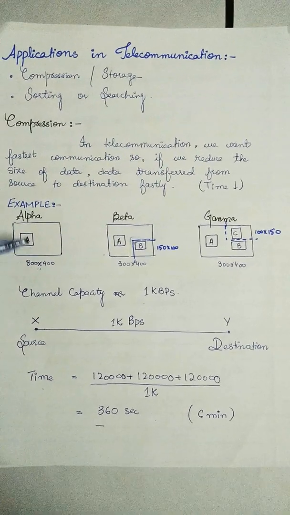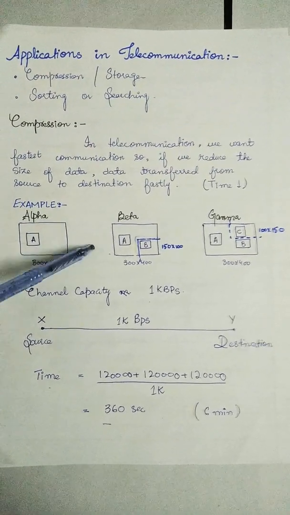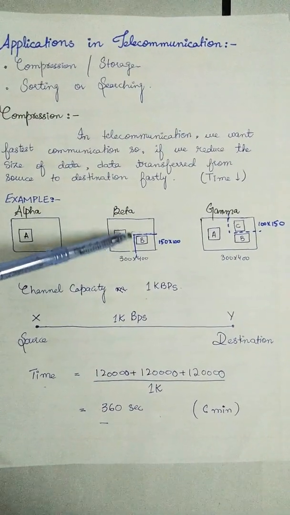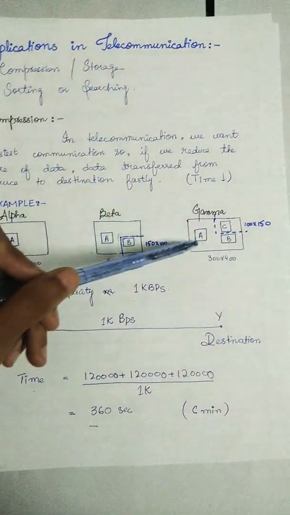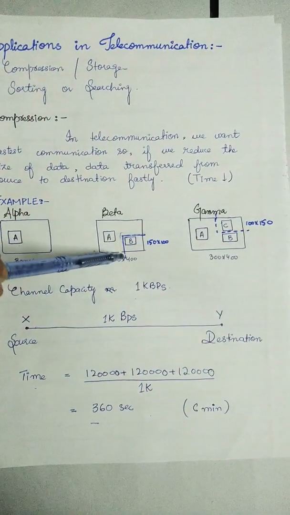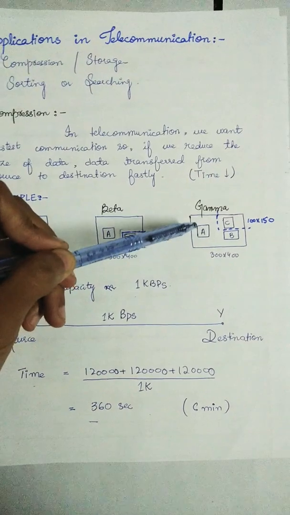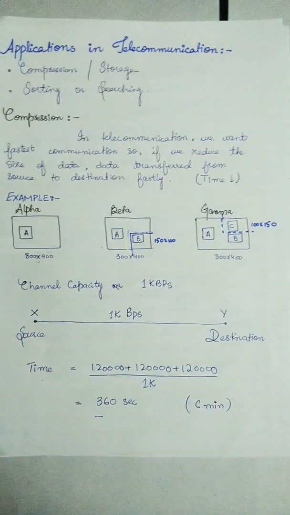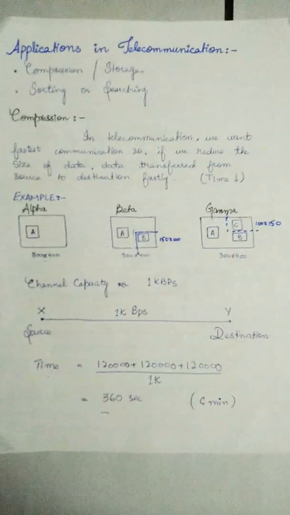As shown in the figure, alpha and beta are similar, but object B is additional. So we crop figure B and C similarly, the part with object C, and we send only this part from the beta figure, and from the gamma figure we send only this part. So we reduce the data.